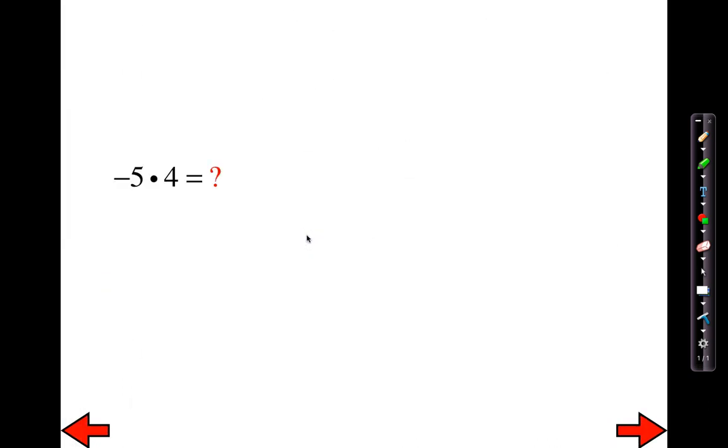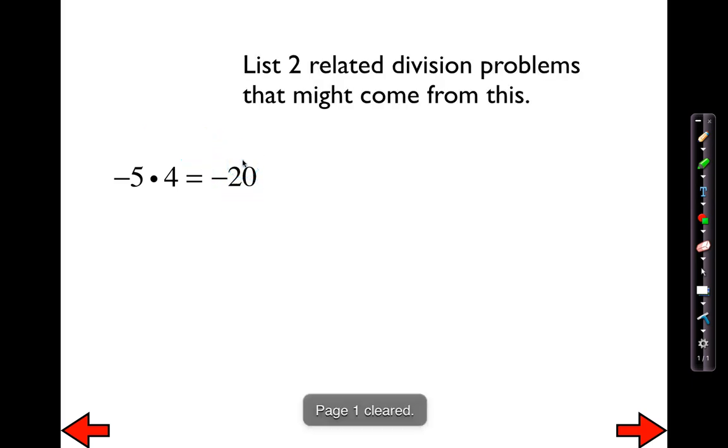So here, -5 times 4 is -20. Okay, and again, if you want to, you could think of this as a commutative property. You can switch it so that your negative is the second number. So 4 times -5, you can think of this as 4 groups of -5. If you have 4 groups of -5, you have -20. So now, how can I write this as a division?